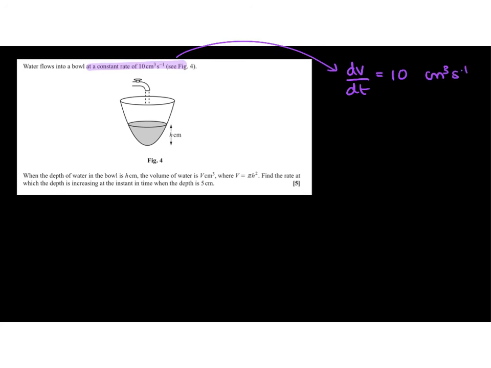Now, when the depth of water in the bowl is h centimetres, so we can see that here, the volume of water is V, where V is equal to pi h squared. Find the rate at which the depth is increasing. So that is dH by dt. And we can make use of the chain rule here again. So look how I'm setting it up.